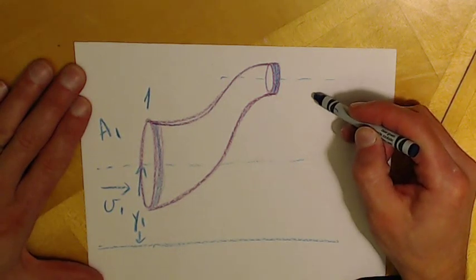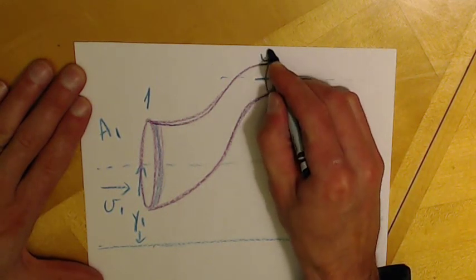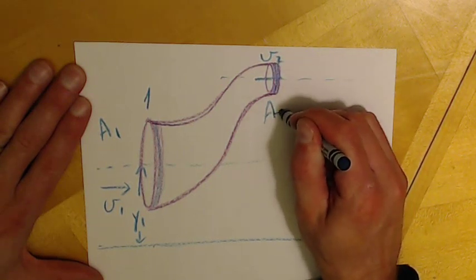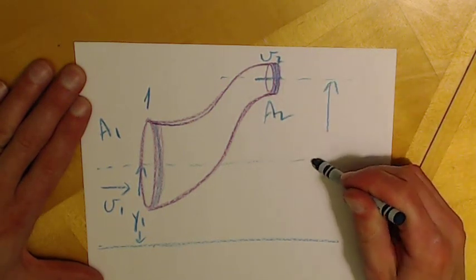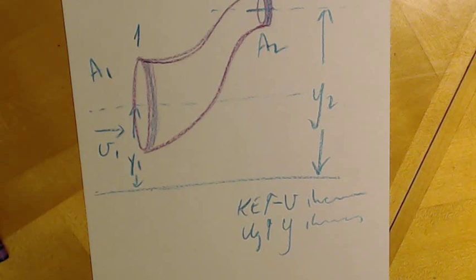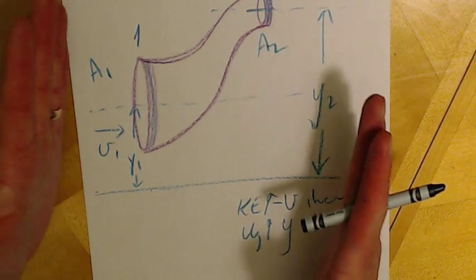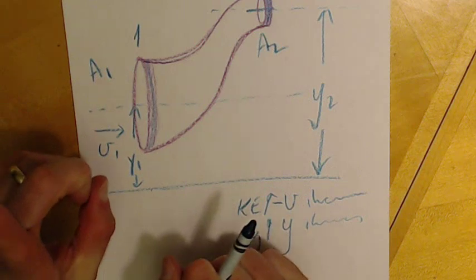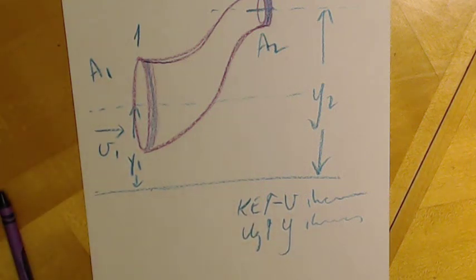Now it's moving over here where it has some new velocity because it's going through a new area, and it's at some new height. So now we have v increasing, we have y increasing. That means the kinetic energy is increasing and the gravitational potential energy is increasing. However, there are no springs. Remember, this is not compressible, so I can't treat it like a spring. That's important because I don't have any spring potential energy.